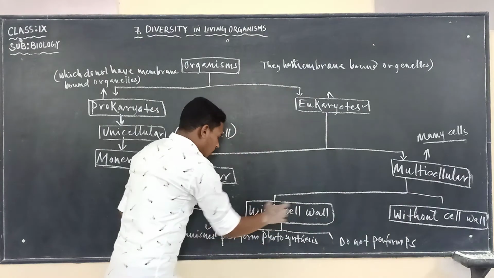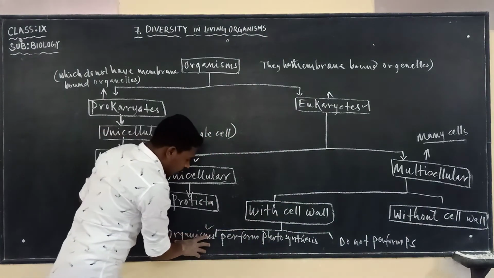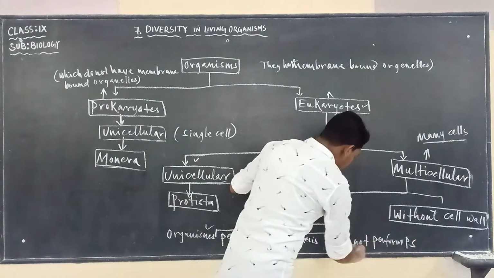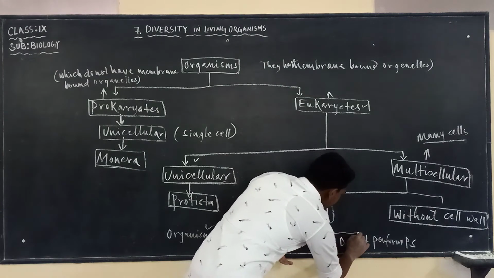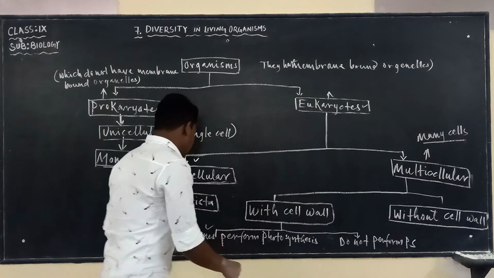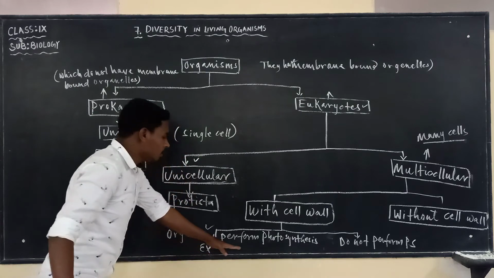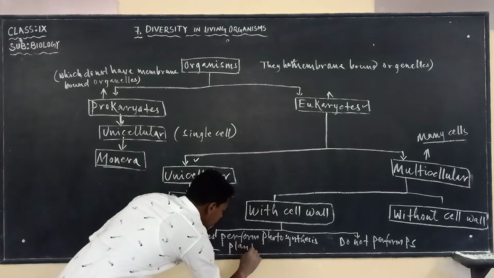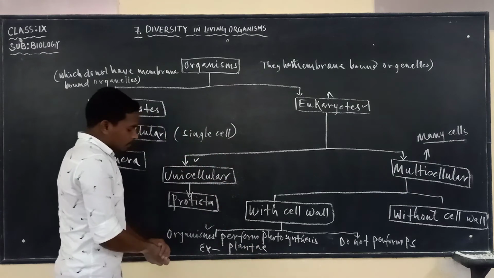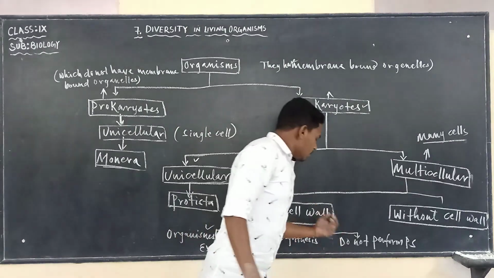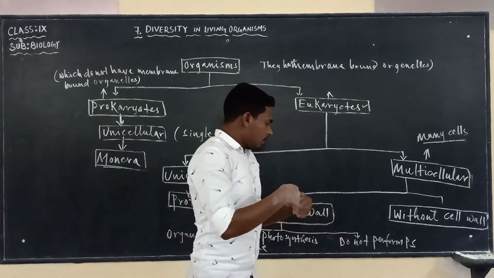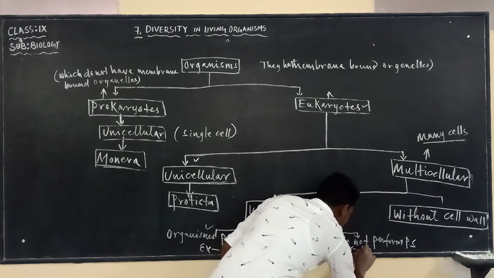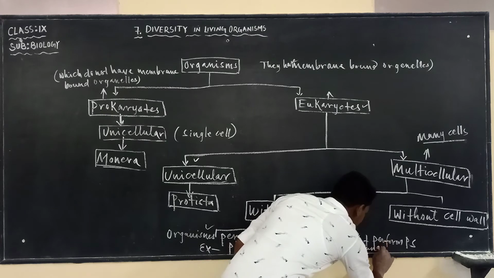With cell wall, again divided into two types: those that perform photosynthesis, and those that do not. Organisms that undergo photosynthesis, we group them under kingdom Plantae, and with cell wall but they do not perform photosynthesis, we group them under kingdom Fungi.